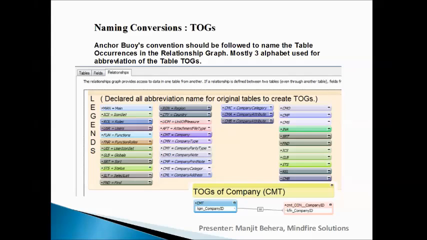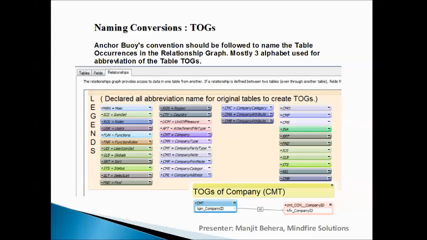It is called the Anchor Buoy naming convention, and mostly three alphabets are used for the abbreviation of TOGs, which we usually declare on the top of the relationship window.